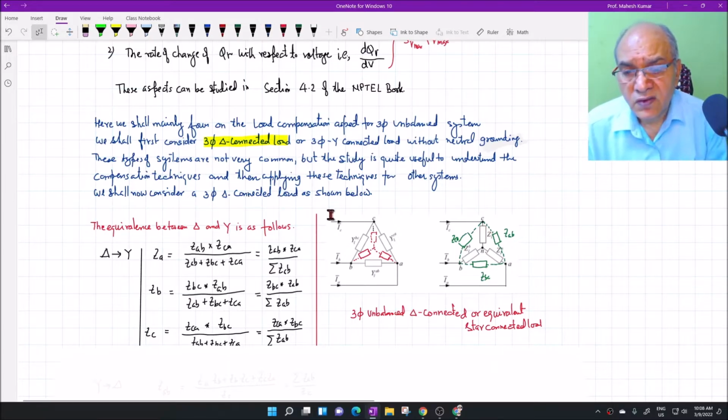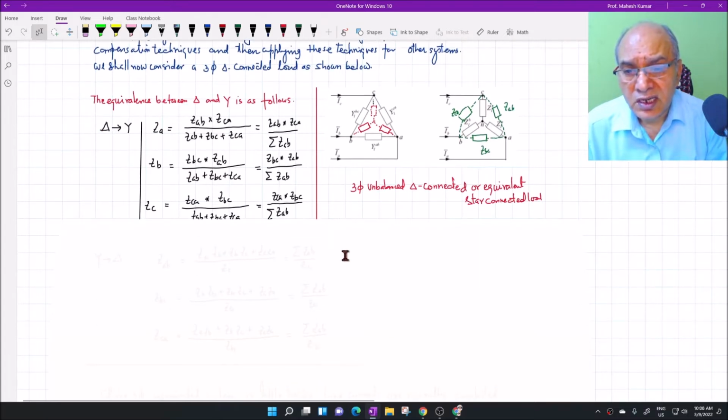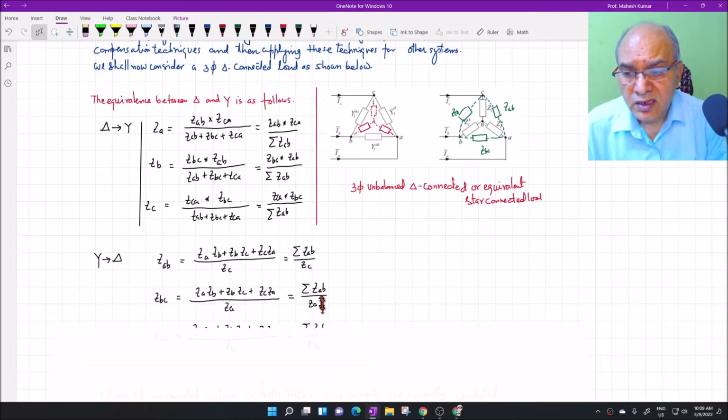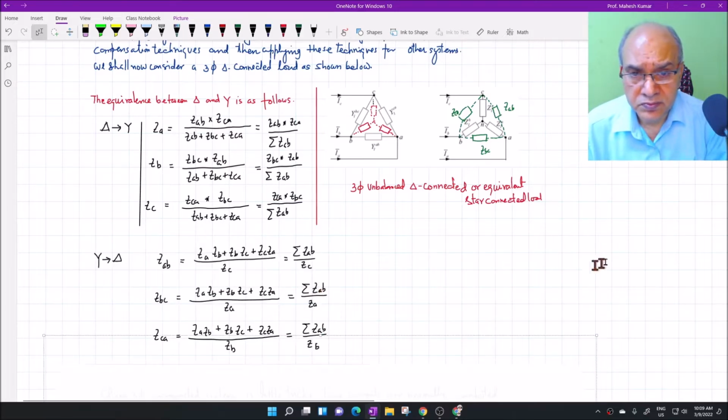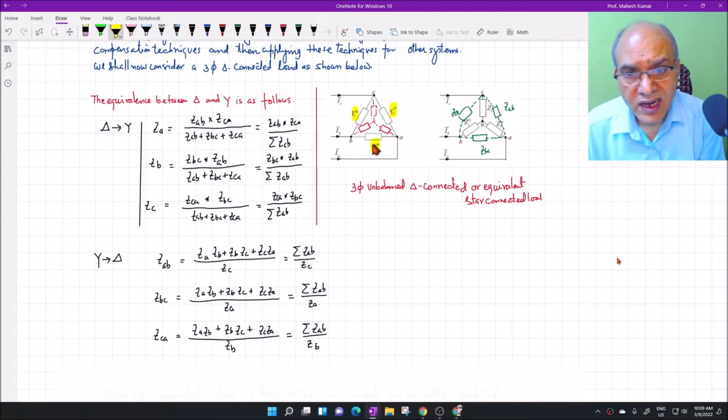Now let us first review the equivalence between the three-phase star connected load and three-phase delta connected load. So this is the three-phase delta connected load on the left hand side of the figure, and we have shown it by L, by LAB, by LBC, by LCA.